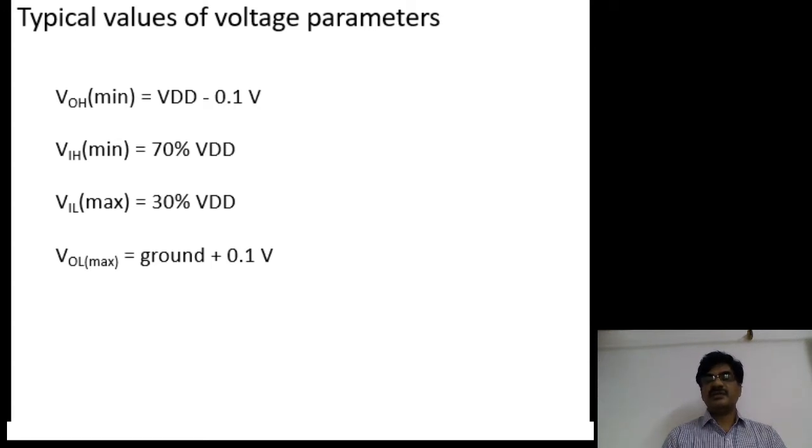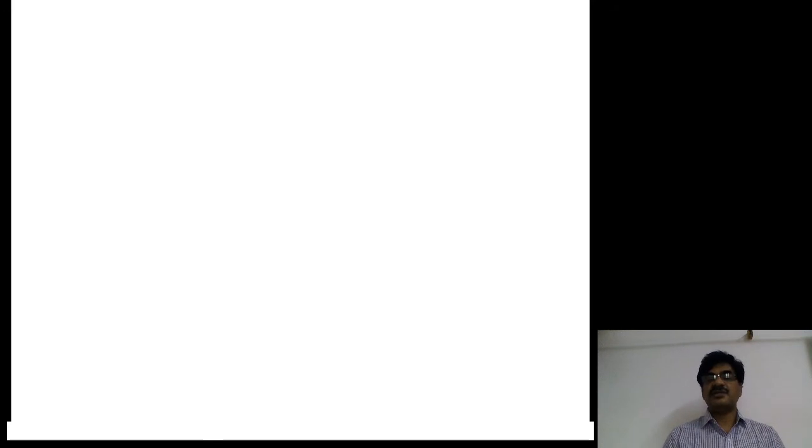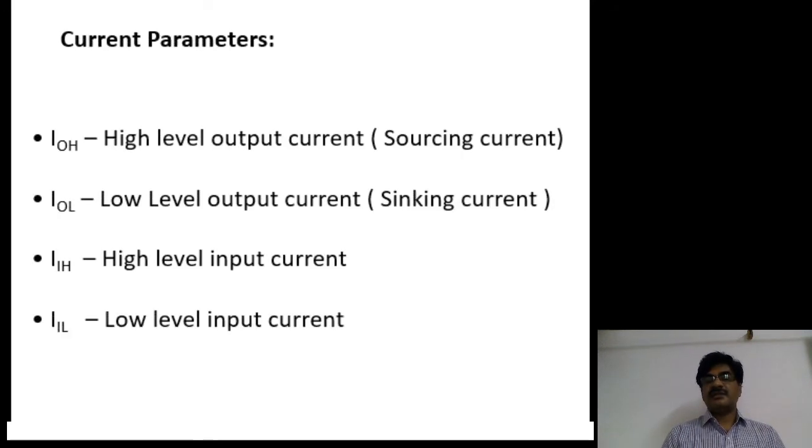Corresponding to these voltages, let us see the current notations, represented here again. IOH means high level output current, also called the sourcing current.